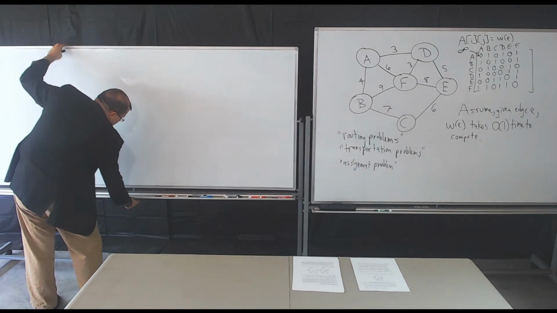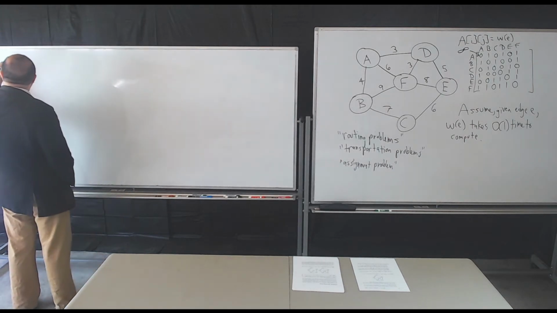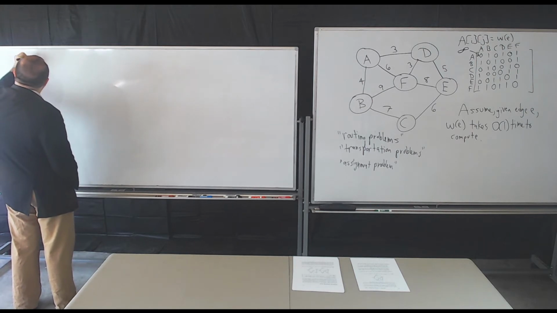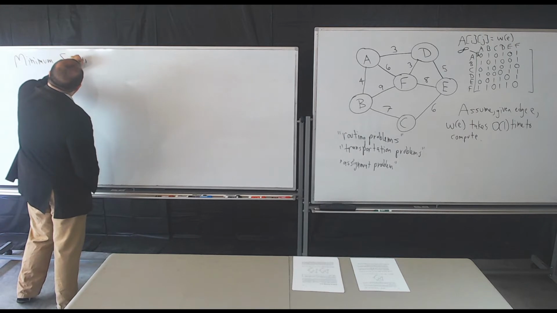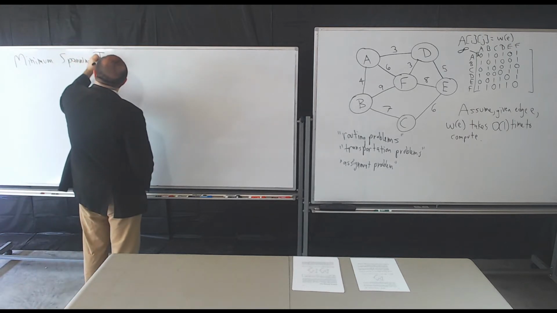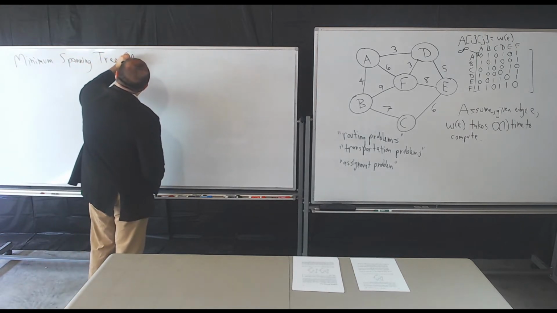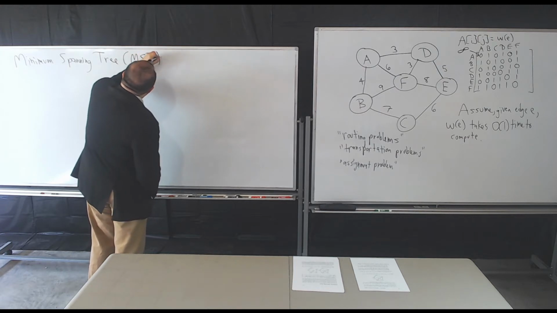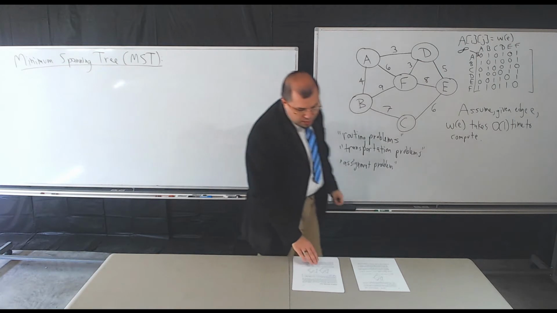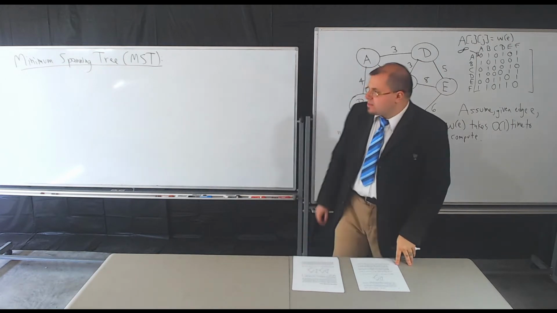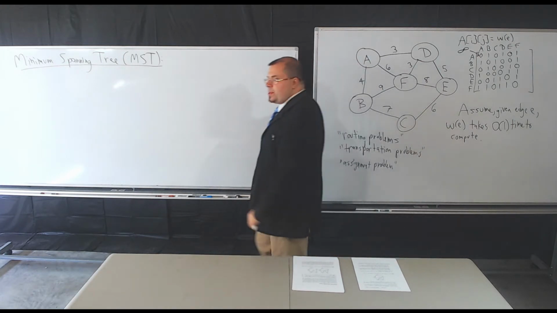So that brings me to talking about minimum spanning trees. So we're going to talk about minimum spanning trees. I'll refer to it as an MST. So what exactly is a minimum spanning tree? Now, we know what a spanning tree is.